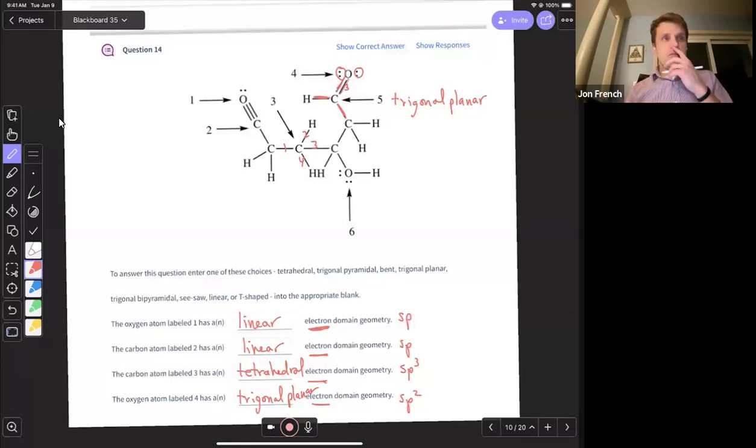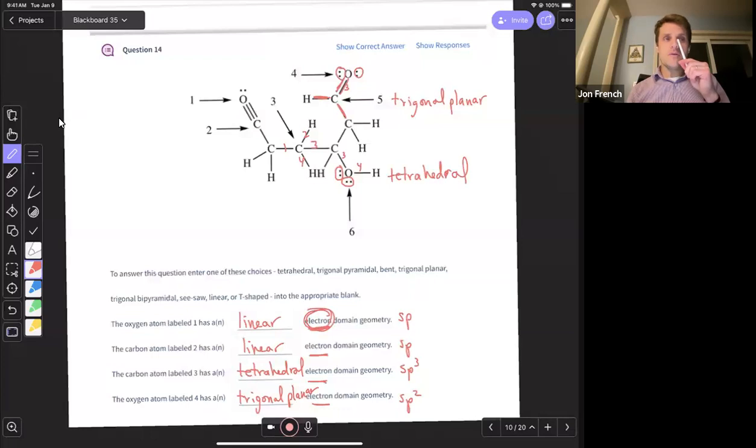Many of you are emailing me about oxygen 6 because you're saying it's bent. Yes, the molecular geometry is bent, but they are asking for the electron domain geometry. The electron domain geometry, 1, 2, 3, and 4 total electron domains, makes this tetrahedral electron domain geometry.